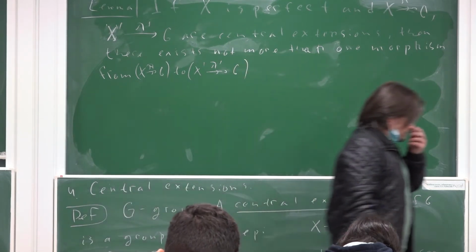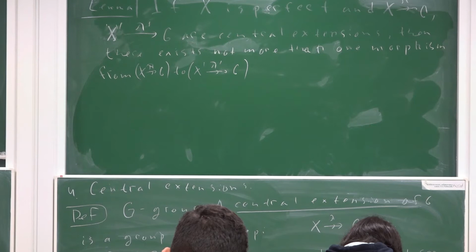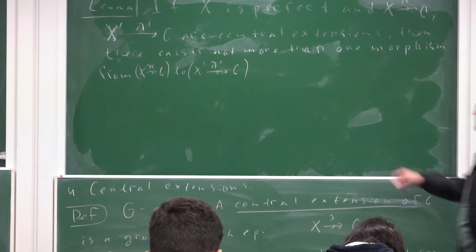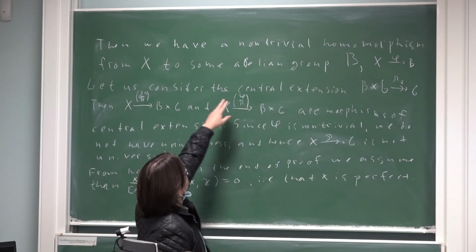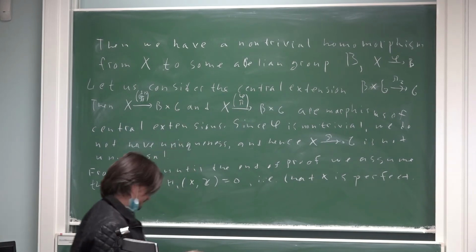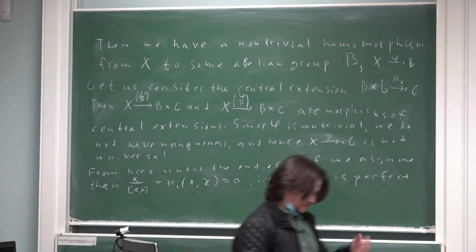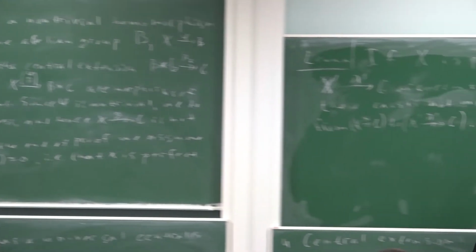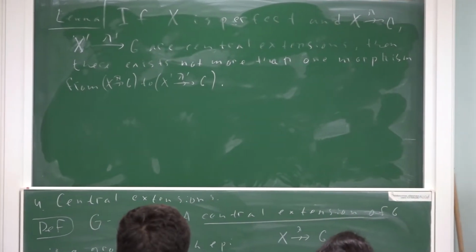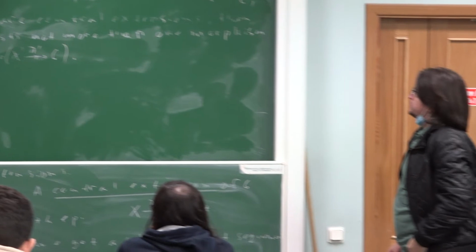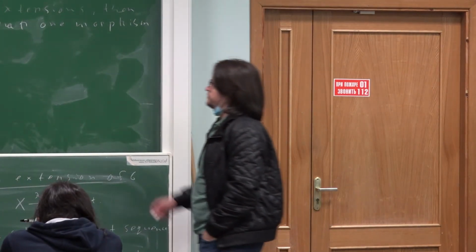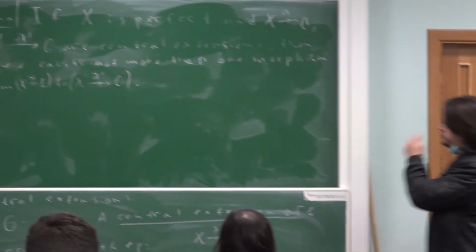So if for some reason for any central extension we will have a morphism from this central extension, then it will be universal. So in some sense, the perfectness of X is equivalent to the uniqueness part of universality.